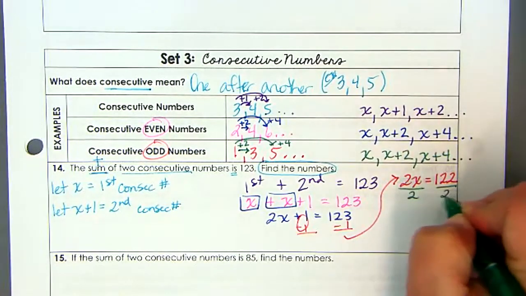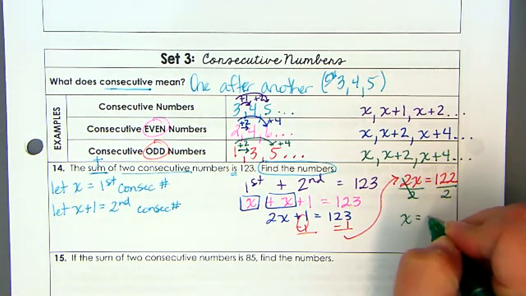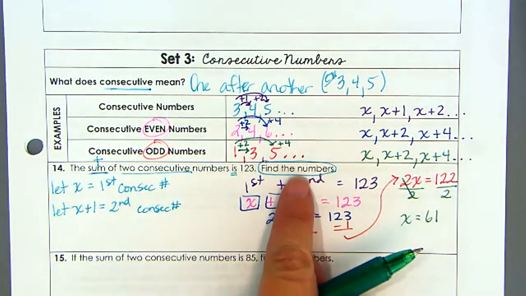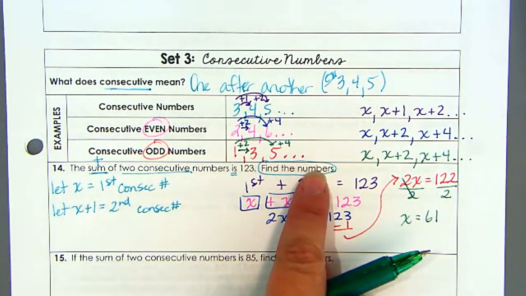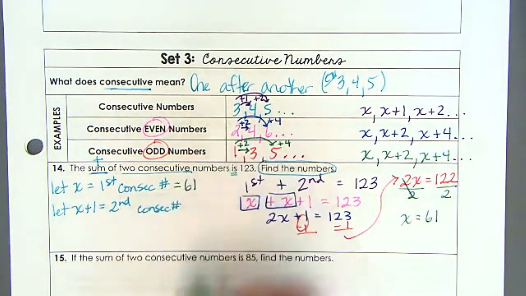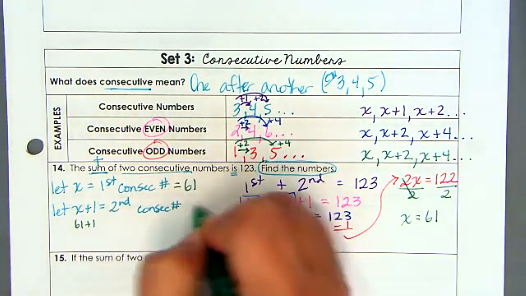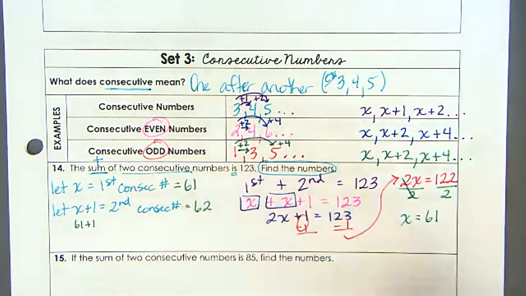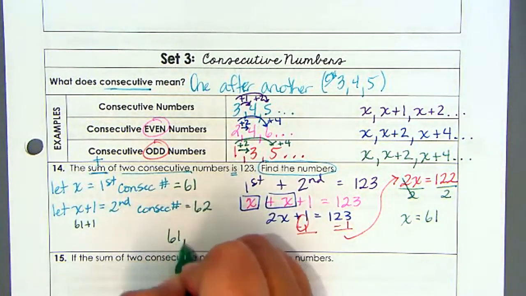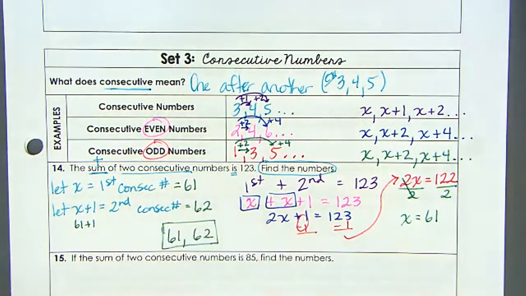Divide by 2, x equals 61. Now, it says to find the numbers. That means I need both. I know that the first is 61. Obviously, I'm going to do 61 plus 1, and that gives me the second of 62. So my numbers are 61, comma, 62.